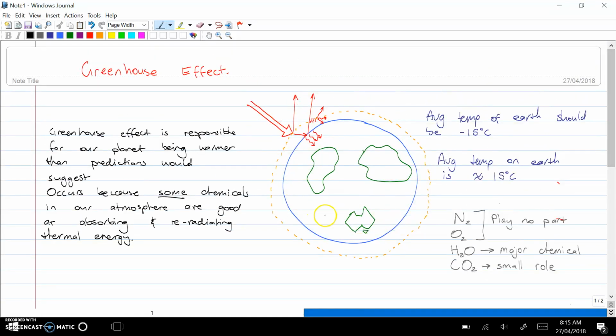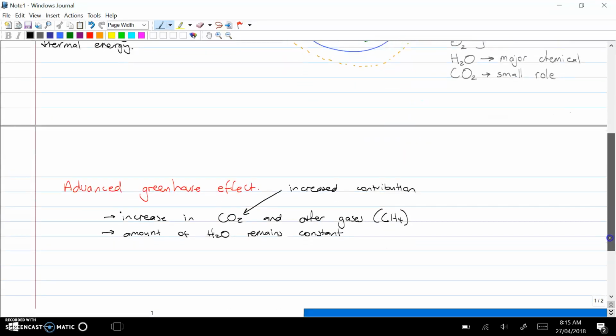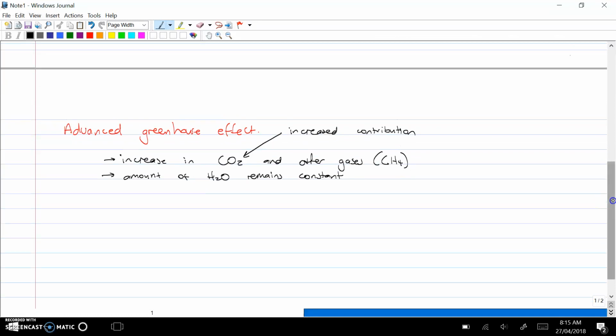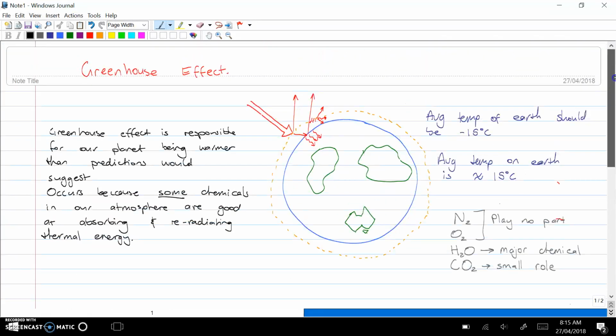And we have a nice little diagram to show what's going on with the greenhouse effect. If we think about the advanced greenhouse effect, which is what's occurring today, the natural greenhouse effect has been occurring for billions of years, or essentially for the half a billion years that life's been around on this planet.